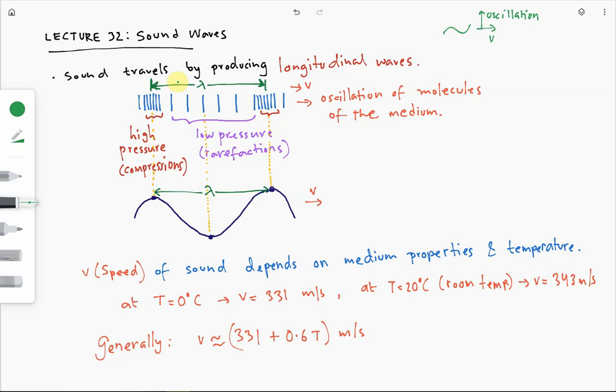So sound is an example of longitudinal waves. It travels in a medium by producing longitudinal waves, as shown here. Longitudinal waves basically produce oscillations of molecules of a particular medium through which the wave is traveling. And let's say these are air columns and they propagate in air.